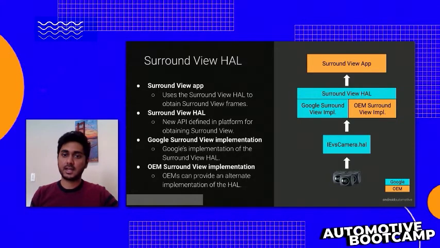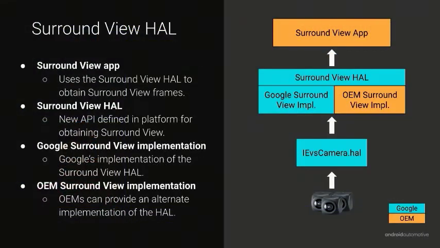So the first thing is I'll give an overview of what the surround view HAL basically is. As I previously explained, the surround view HAL is a layer of APIs. It may have an implementation that either OEMs can do, or an implementation that Google will also be offering, and it is built on top of the already existing EVS camera APIs.